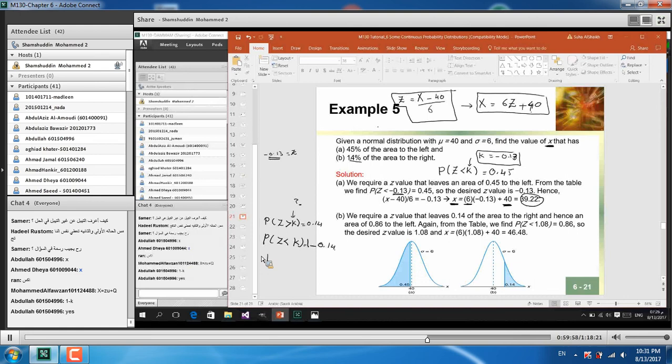So I'm looking for the probability of z less than k from the table, and this amount is 0.86. From the table you will get that this k is 1.08. The 1.08 is the k related to z. So from here multiply it with 6, add 40, and you get the result with respect to your x. Okay, have a look and let me know if you have any question.